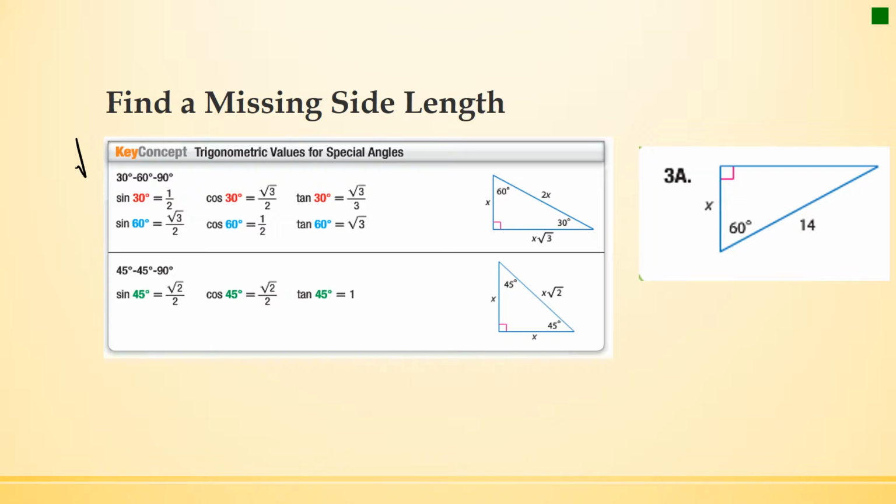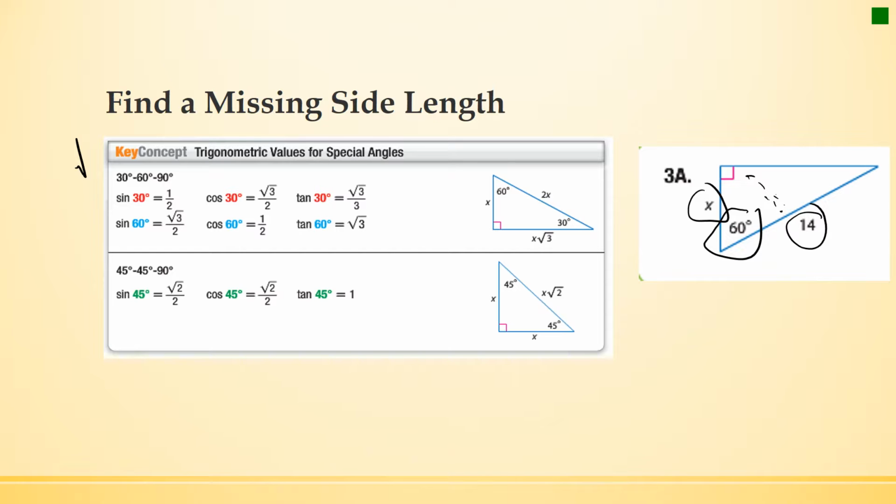We have a right triangle here, 3A, and we're told that we've got a 60 degree angle. x is the adjacent side, and 14 is the hypotenuse because it's opposite the right angle.